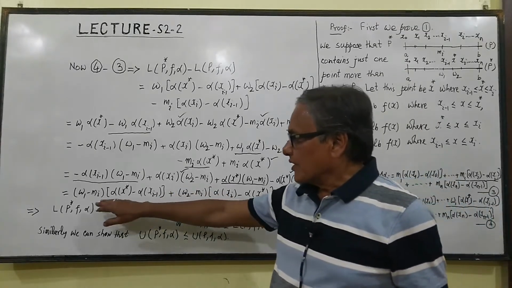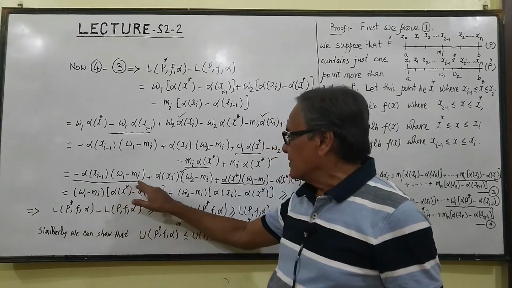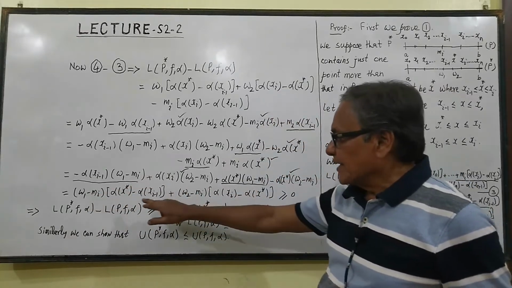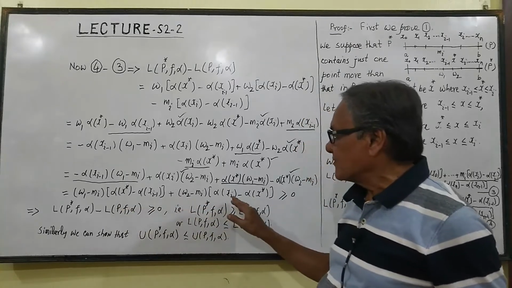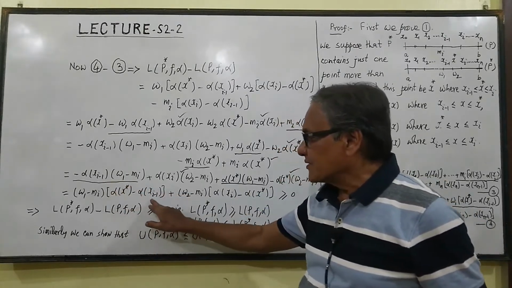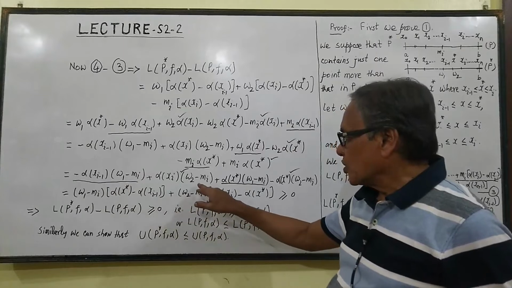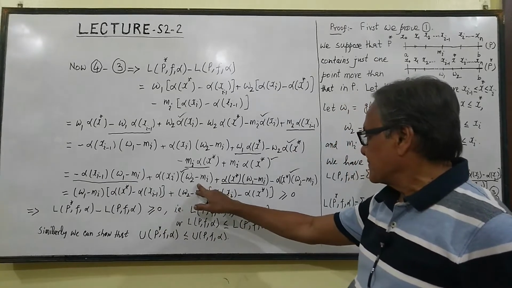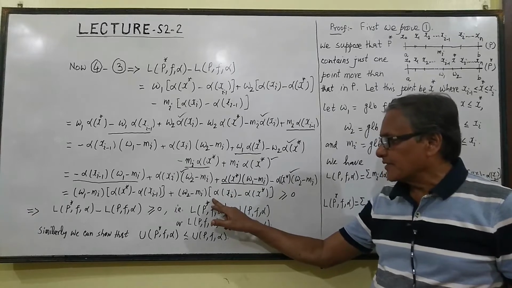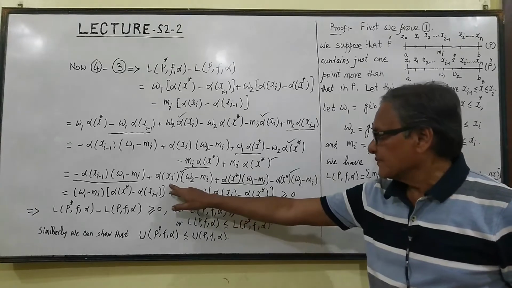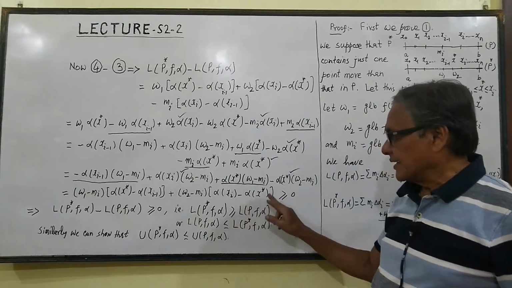Now taking common W1 minus mi from these two terms, we will be left inside the bracket with alpha x star minus alpha xi minus 1, and on taking common W2 minus mi from these two terms, we will be left under the bracket with alpha xi minus alpha x star.